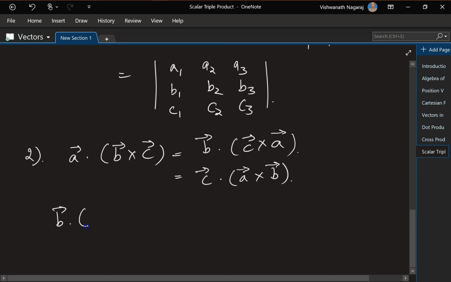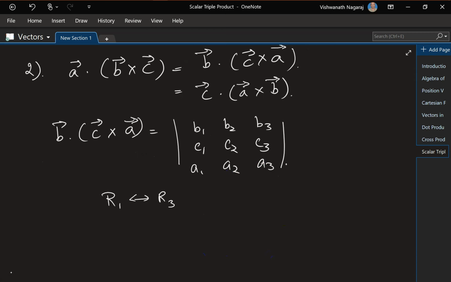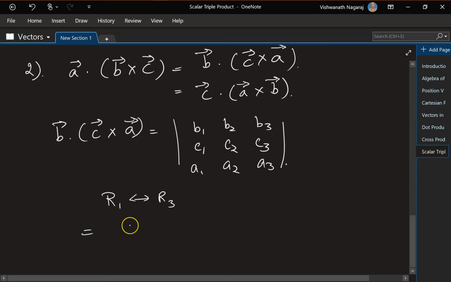Let's say we start from B dot C cross A. Now this would be B1, B2, B3, C1, C2, C3, A1, A2, A3. If we exchange R1 with R3, we would get a minus of A1, A2, A3, C1, C2, C3, B1, B2, B3.